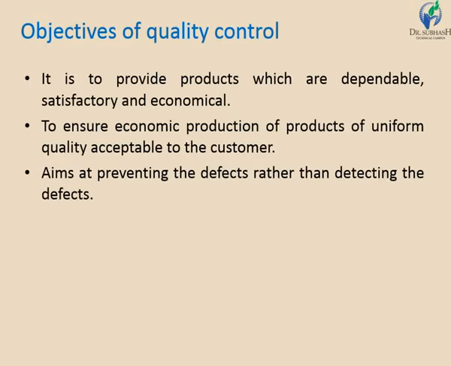There should be provision of suitable mechanisms which give you feedback, and comparison of actual performance with standard performance should be done, so you can easily identify where the errors and defects are, and finally give the quality product. So this is all about today's presentation.